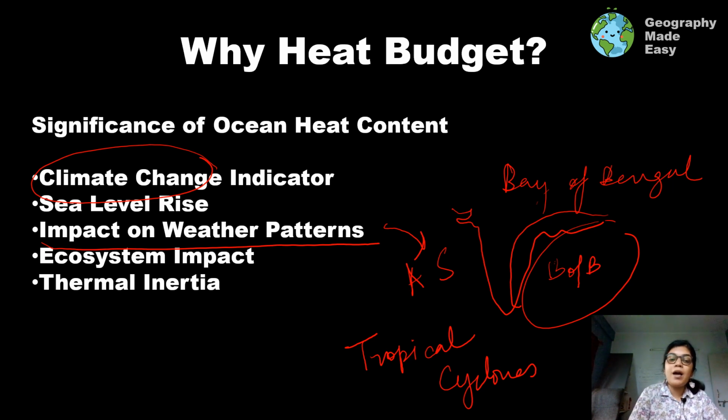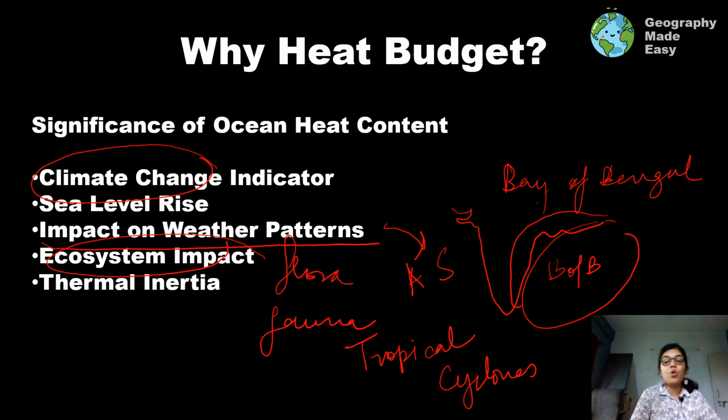The different plants and animals which live in the ocean, the flora and the fauna, in many cases we can see that they are not able to tolerate the change in the heat. Maybe in certain places too much hot water is coming in, killing a lot of organisms living there, or it is becoming cooler or colder.